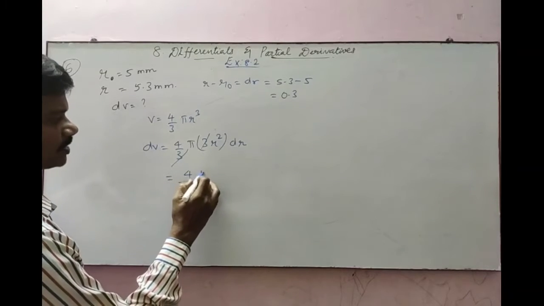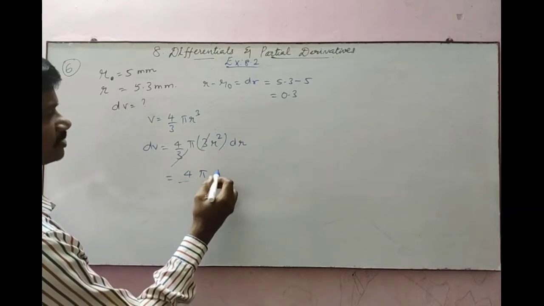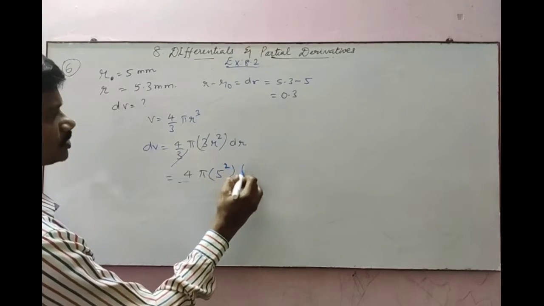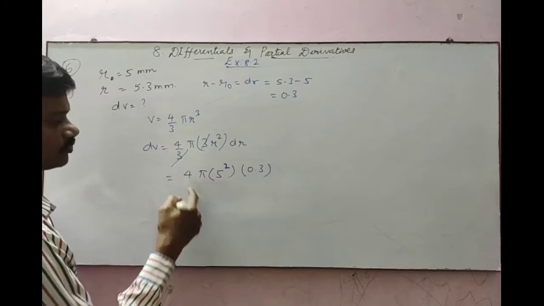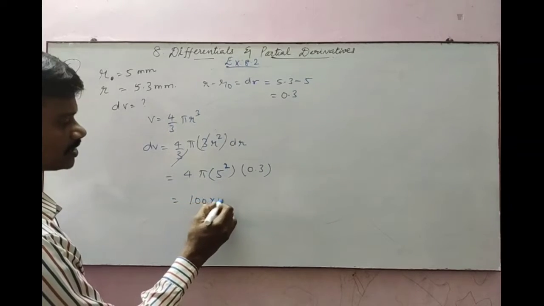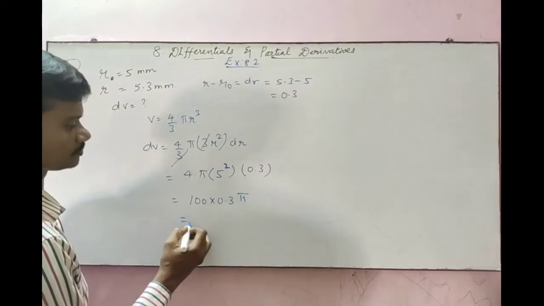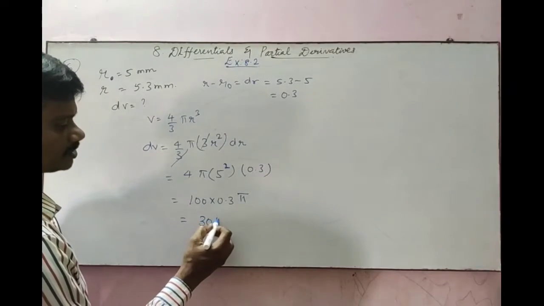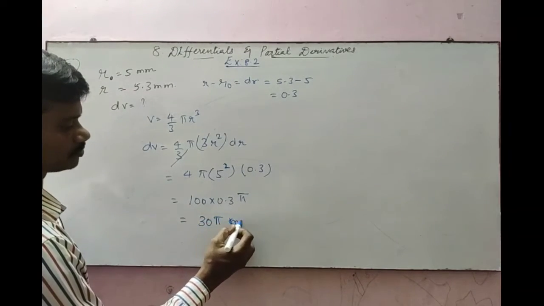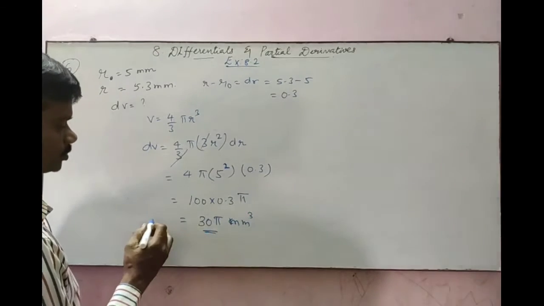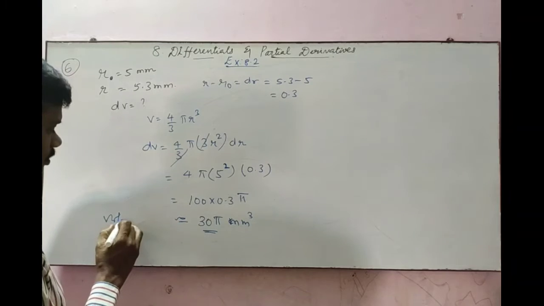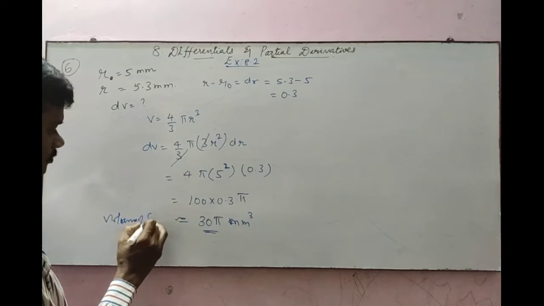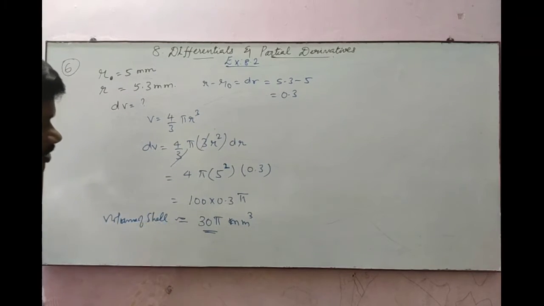You will get 4 pi into, what is r here? 5 square into dr is 0.3. 5 square is 25. 25 into 4 gives 100. 100 into 0.3 pi, that is 30 pi mm cube. So this is the volume of the shell approximately. Volume of shell approximately is 30 pi mm cube.